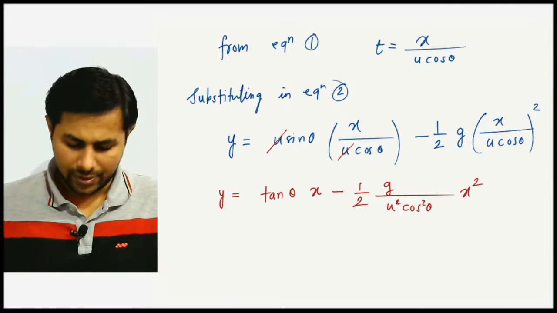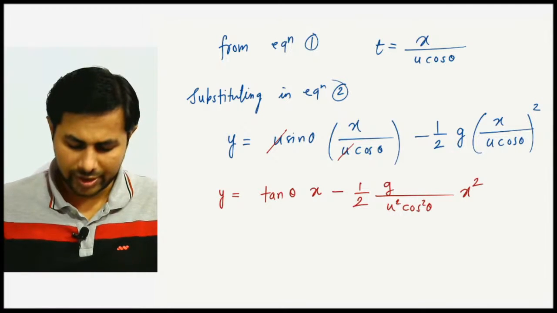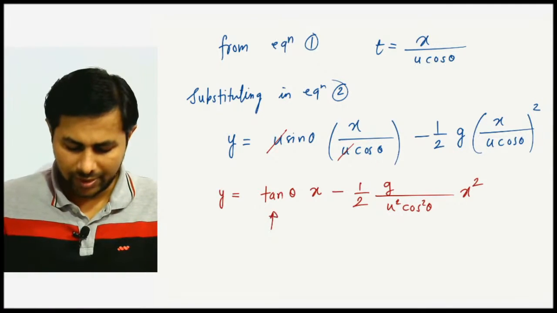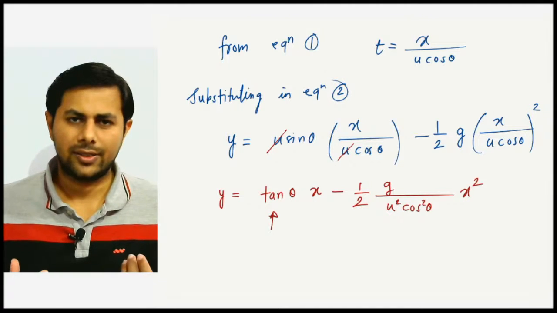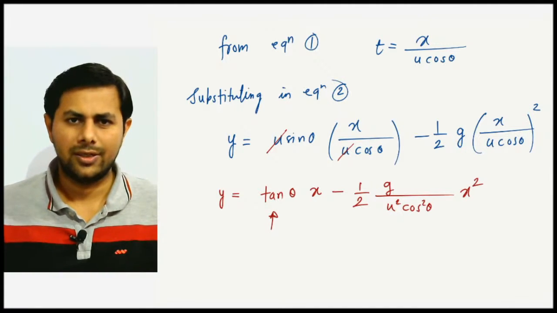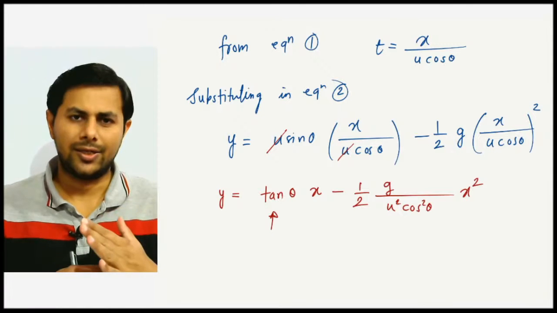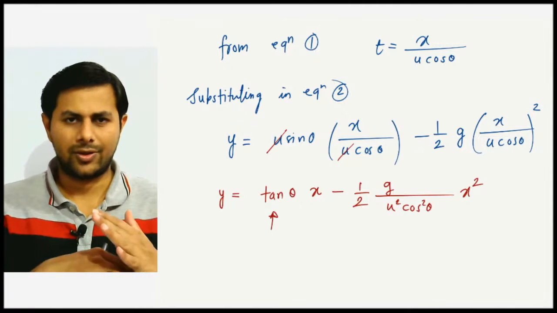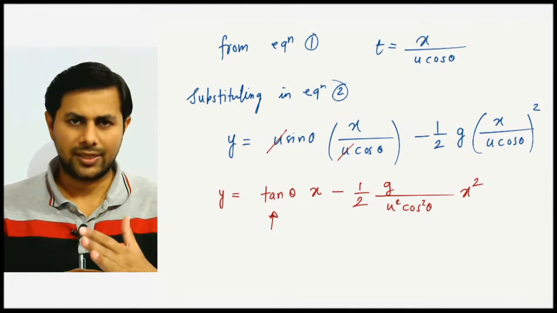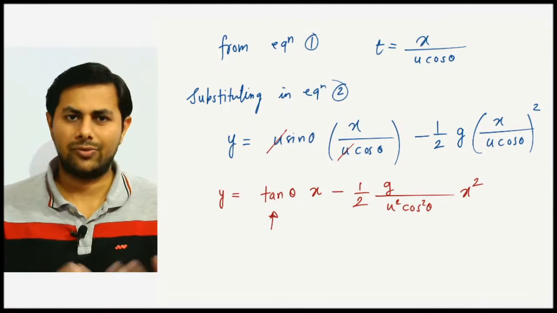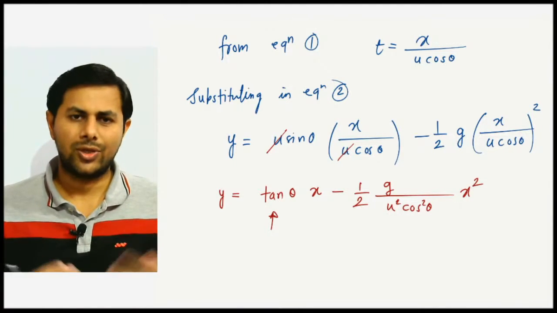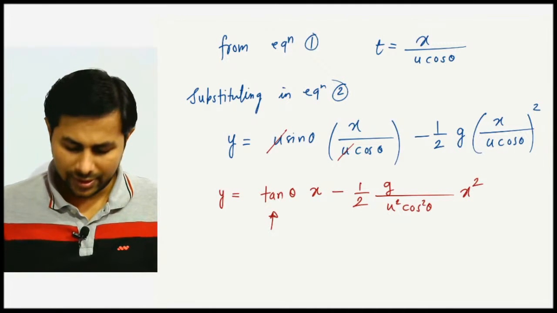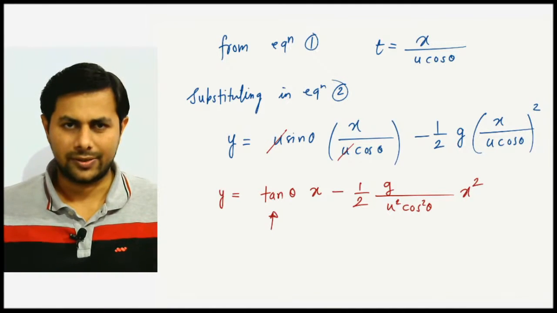Okay, so now in this equation, suppose tan theta is some constant alpha, because the initial angle of the projectile with the horizontal direction is theta, and that initial angle will be fixed. So if we know the initial angle, then tan theta will be a constant.